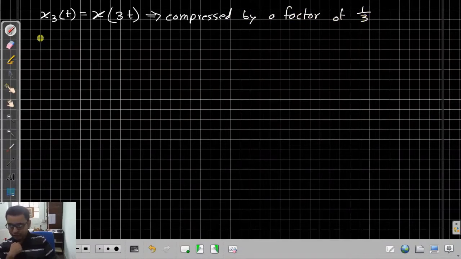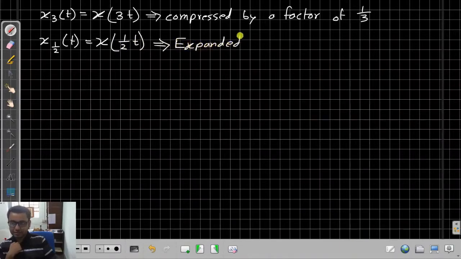If you define, say, x of half t, which is x half of t, that will be expanded by a factor of 2. If this is half here, then the reciprocal is 2. Please verify this statement. That is your homework.